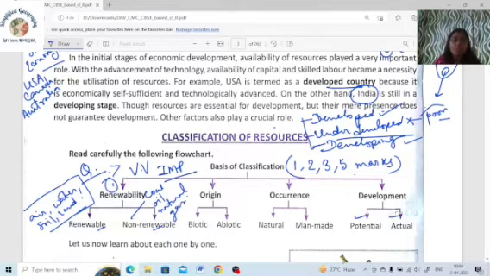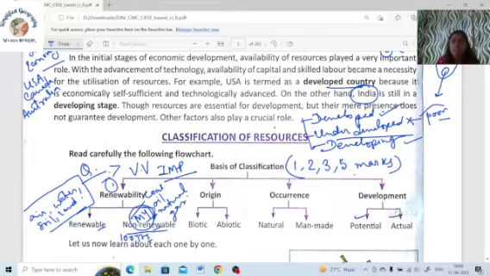If you compare the human life cycle, at max we can survive on this planet for 100 years, not more than that. But these resources take millions of years to form or regenerate. That's why if we compare with our life cycle, once it has been exhausted, we cannot get it back.